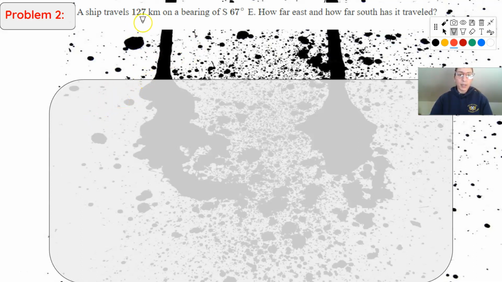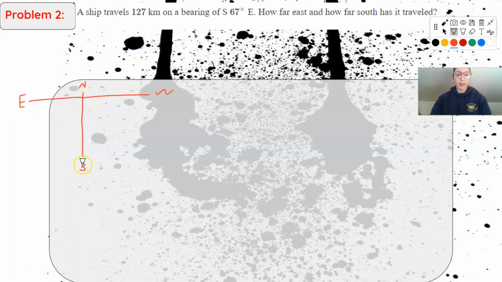So our ship travels 127 kilometers on a bearing of south 67 degrees east. So this would be north, west, south would be down here, east would be over here.